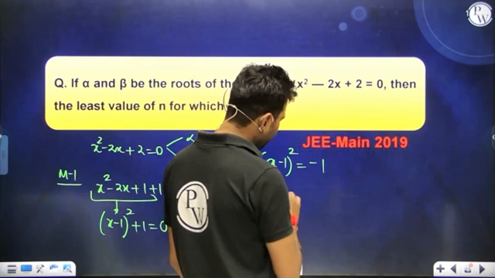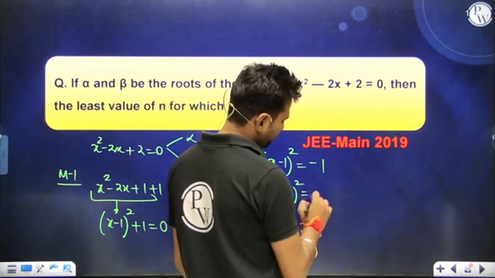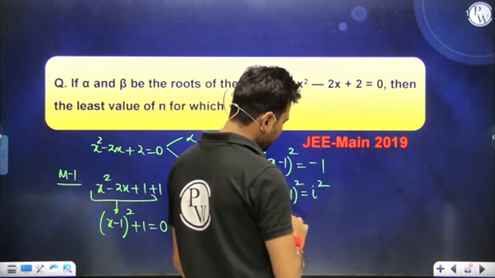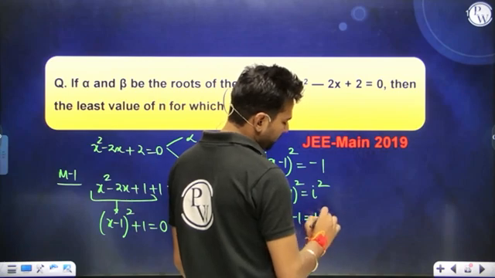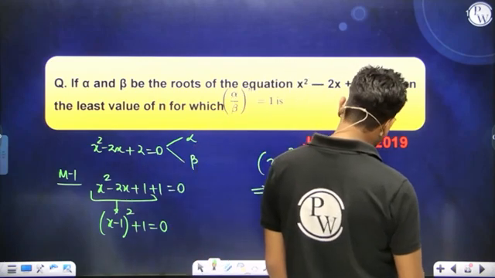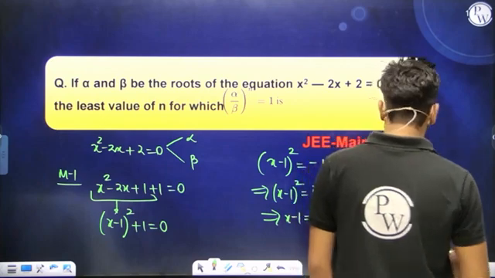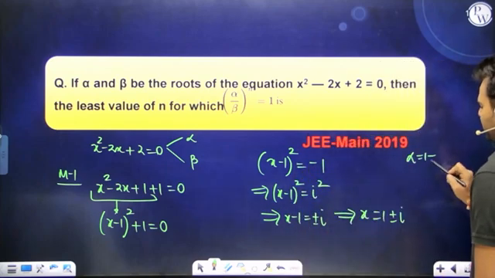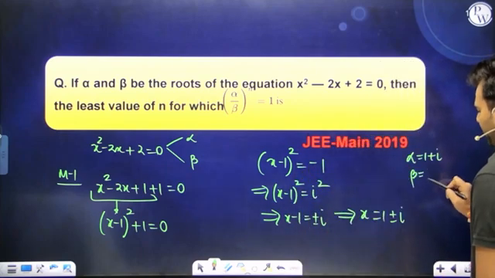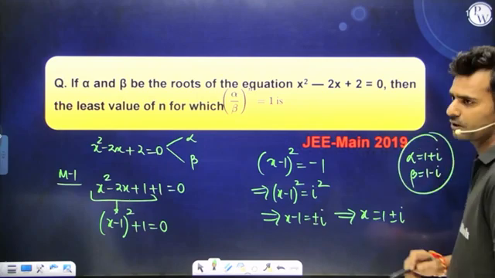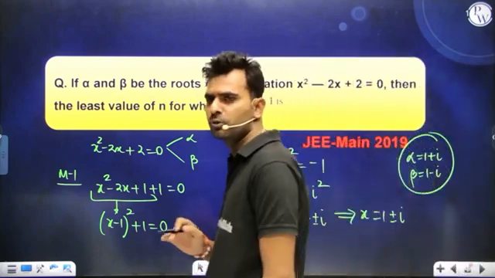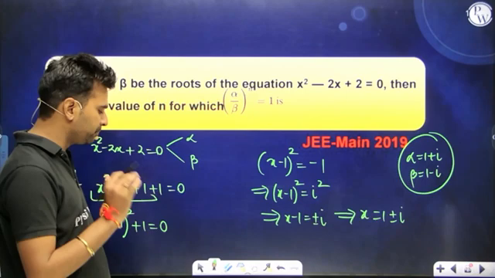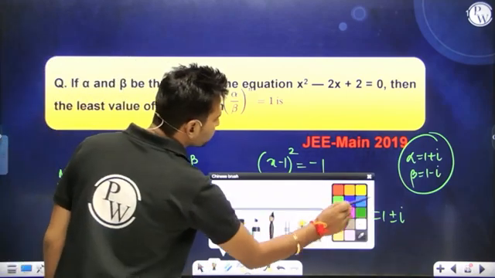This can further be rewritten as x minus 1 equals plus minus iota. So x is nothing but 1 plus minus iota. So alpha we can take as 1 plus iota, beta as 1 minus iota. These are our two roots. I hope this method is clear to all of you.